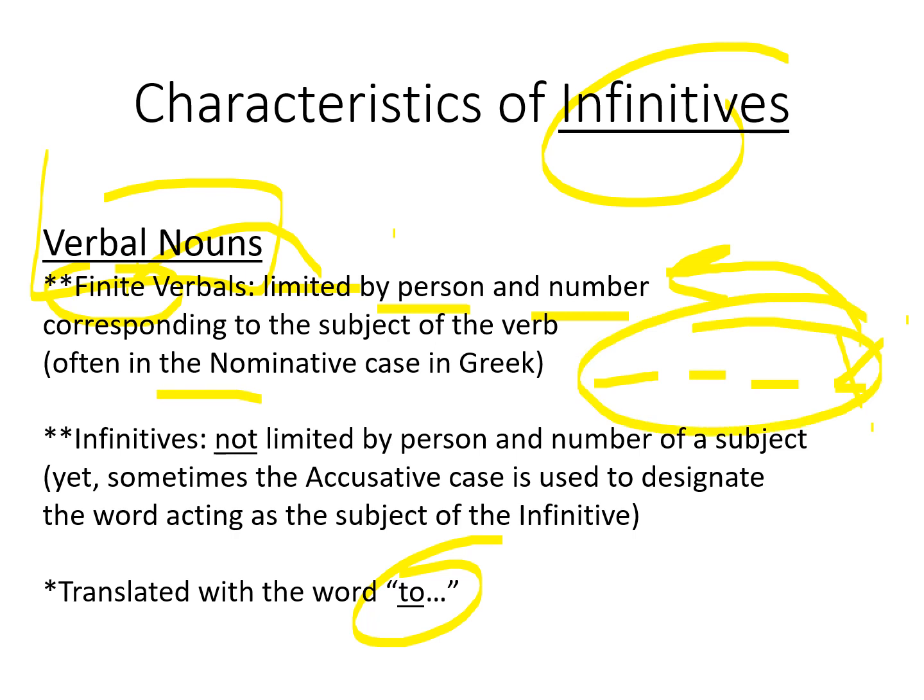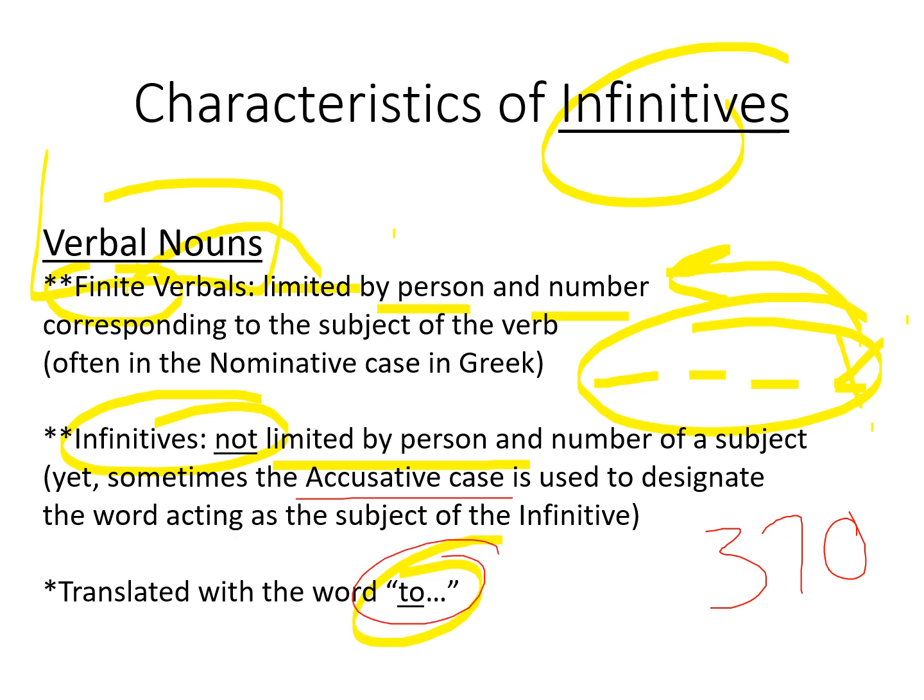But with the infinitive, we are not limited by person and number. And yet there is often the designation of a subject with the accusative. As Mounce notes on page 370, it's the accusative of reference, and it often acts as the subject of the infinitive.